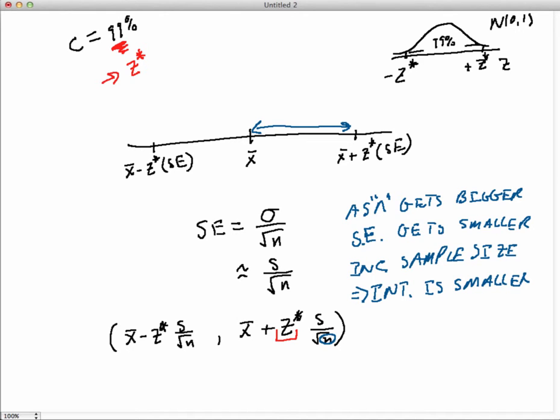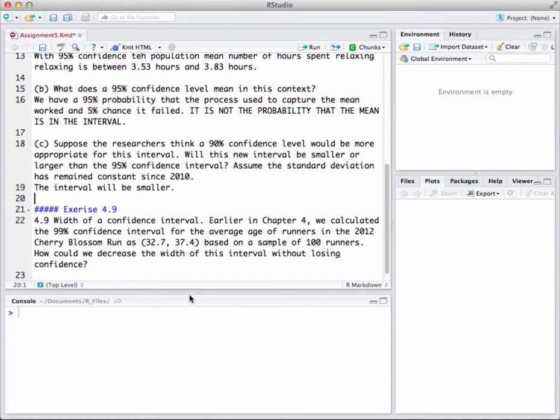Okay, so let's go ahead and type that up in our R Markdown file that we've got going here. Let's go back over to RStudio and type that in here.